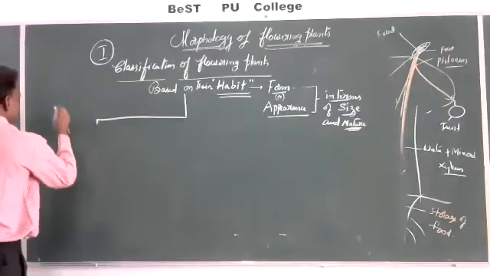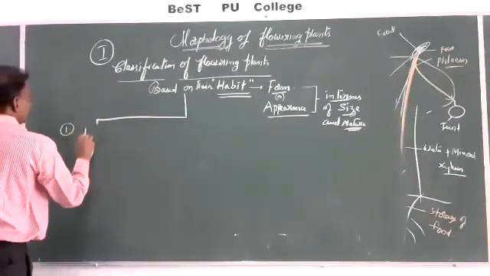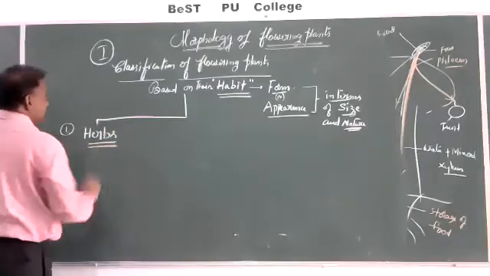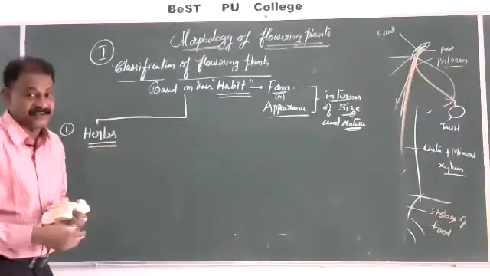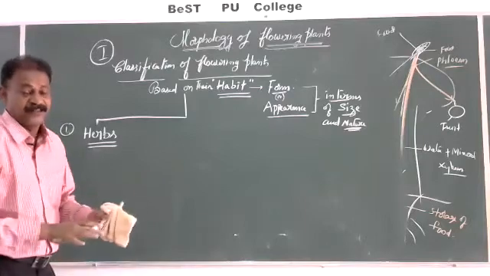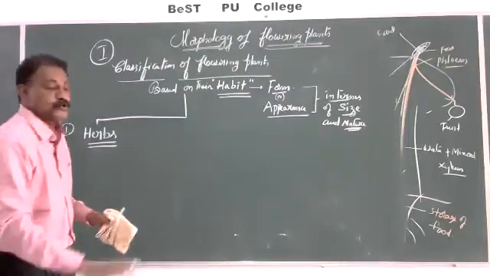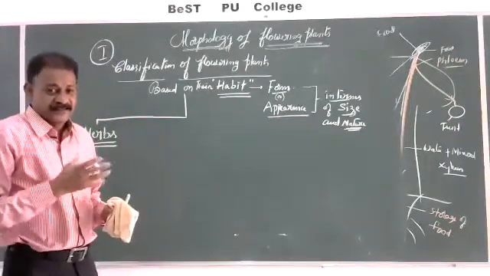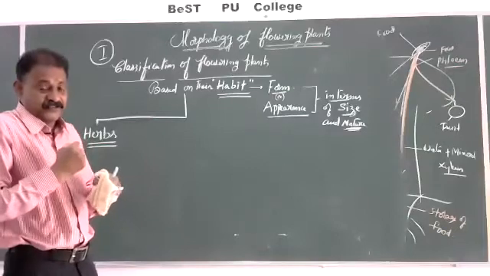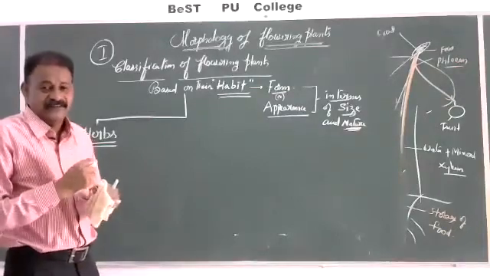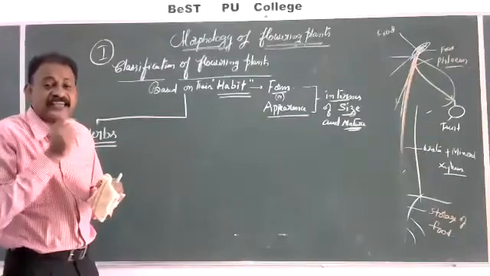First one, herbs. Again, it is not English, it is botanical, scientific terminology. Herb is the name given to small plants which do not have a solid, woody trunk. They are soft, short, delicate, with a green stem.